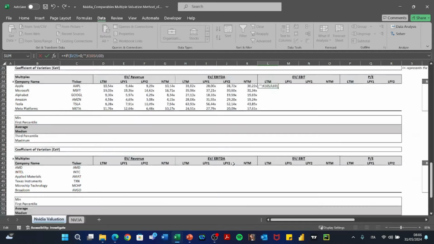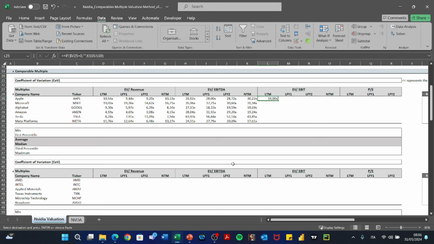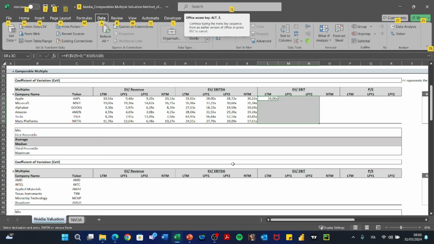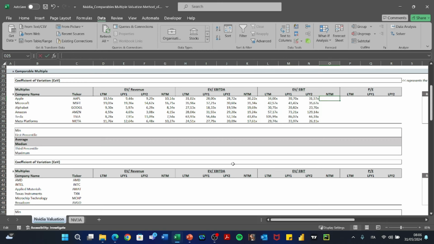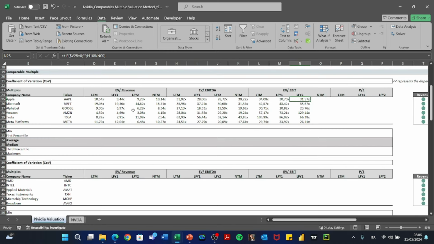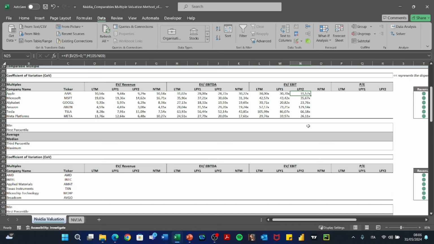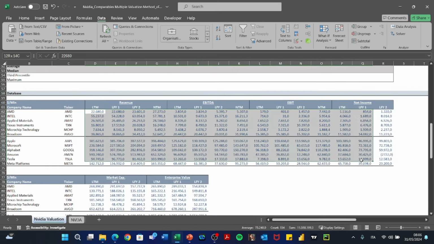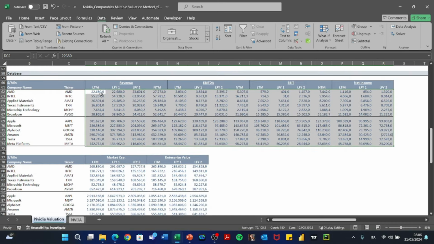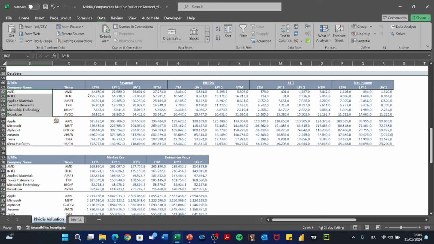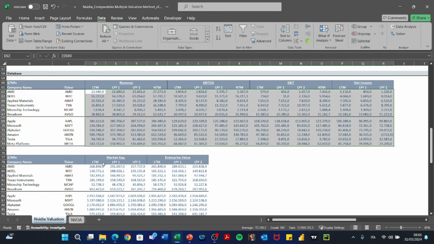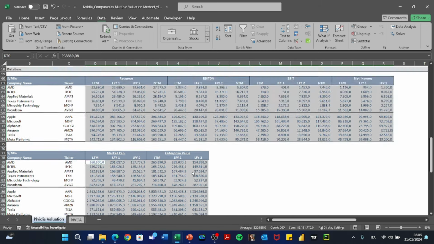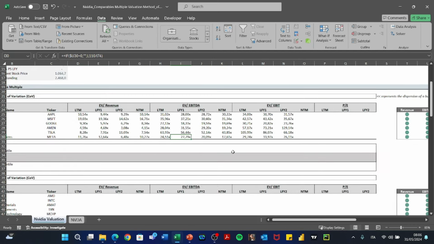I know it is a bit boring, but we have to do that. Obviously, once you have made all of this formula here, if you want to value another company, you just have to change the company here and its related financials here and here, and the model will run automatically.